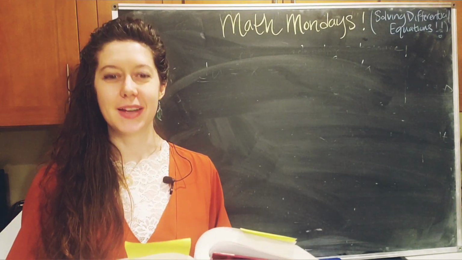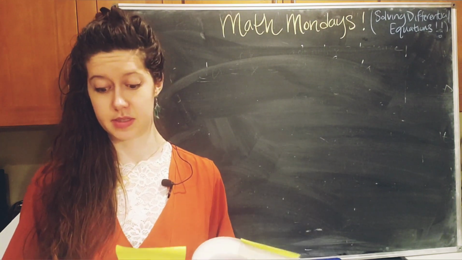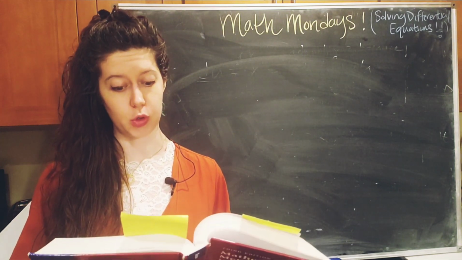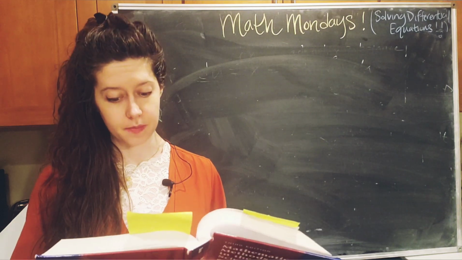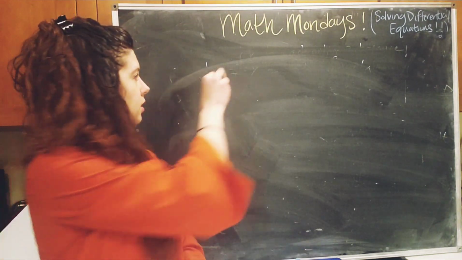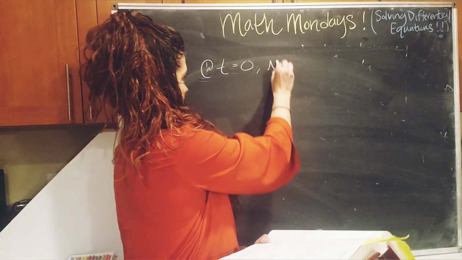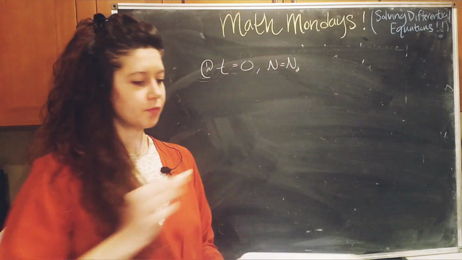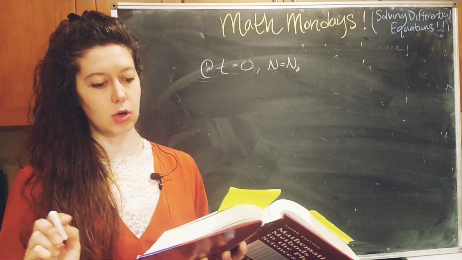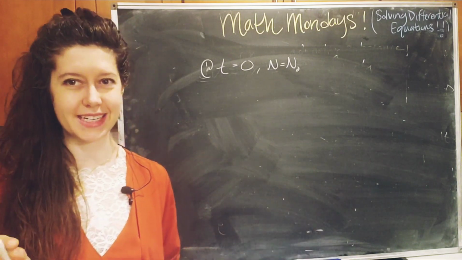Example 1. The rate at which a radioactive substance decays is proportional to the remaining number of atoms. If there are n0 atoms at t equals 0, find the number at time t.